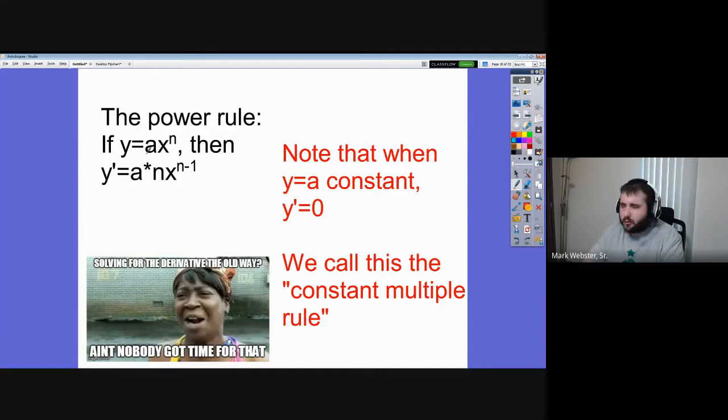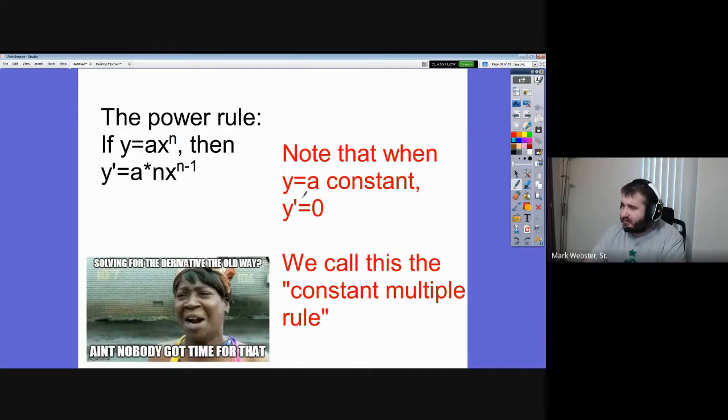basically what we can do is we can say, all right, if we've got a polynomial of any kind, we can take the exponent, bring it down and multiply it to the coefficient, change the exponent to one less than it was, and that's the derivative. Or if you have a constant, then the constant just derivatives away, right?